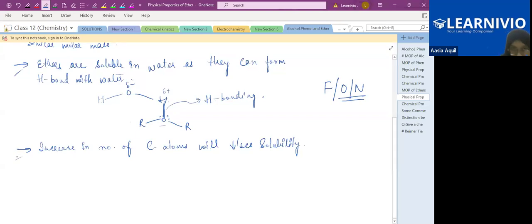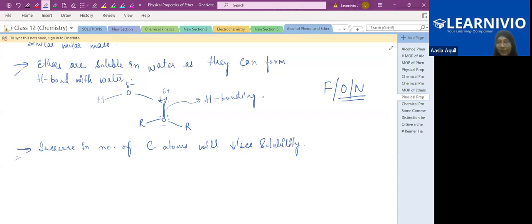Increase in the number of carbons will decrease solubility, because the alkyl group is a bulky group and it will hinder the solubility. Basically, वो hydrogen bond बनाने में help नहीं करता, वो hindrance करता है.